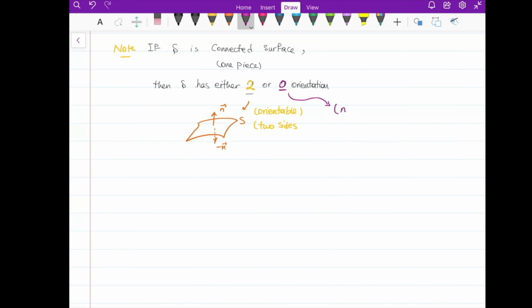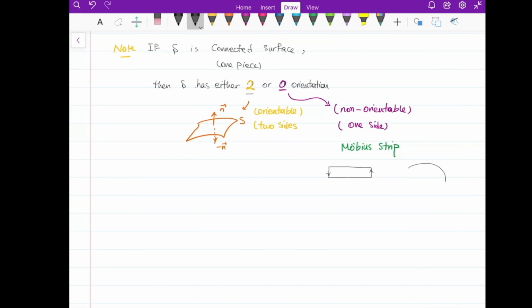This is called a non-orientable surface. One of the famous ones that has only one side is the Mobius strip. To make a Mobius strip, all you need to do is take a strip and glue the 2 ends together, but make a twist first.